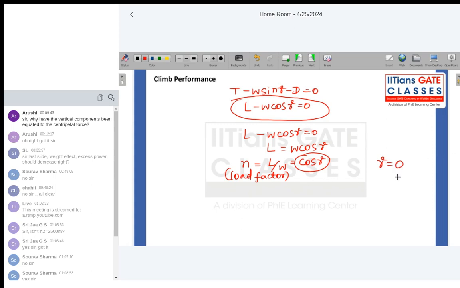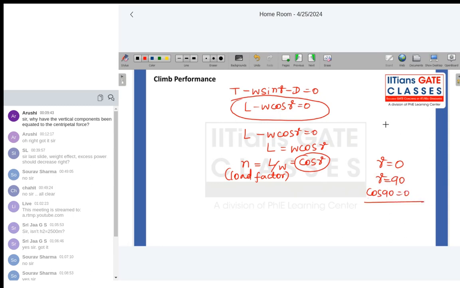That means only in a level flight condition can cos gamma become 1. When gamma becomes 90 degrees, cos 90 degrees becomes 0.